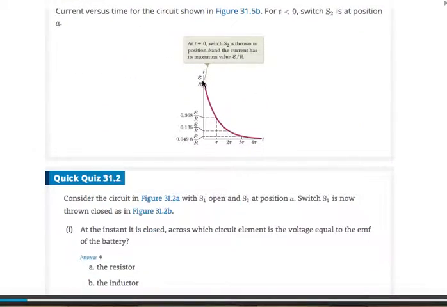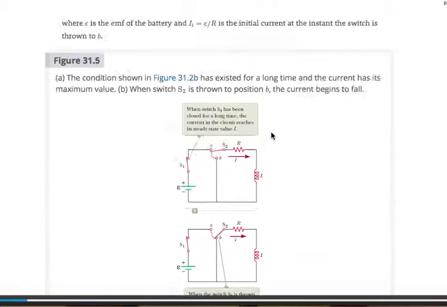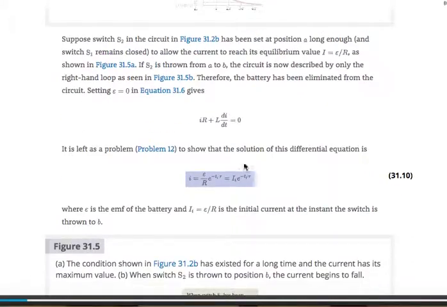It will still decrease over time, but it will not decrease instantaneously. Instead, it will slow down over time. And that is given by this equation. I is equal to I initial, which was your maximum current, times e to the negative t over tau.